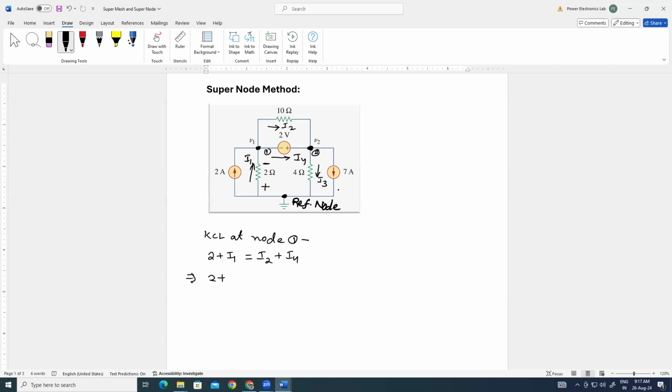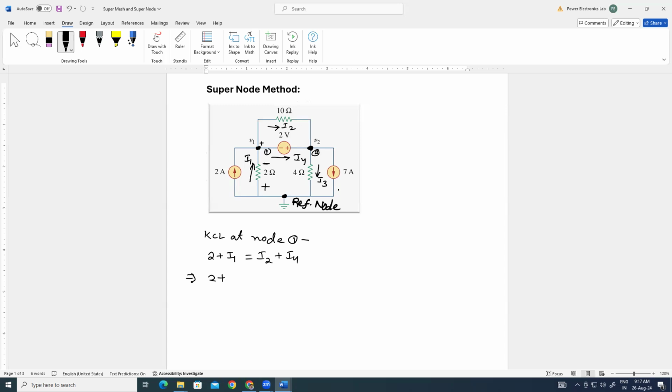If you have assumed the node voltage V1 at node 1, by default we have assumed this is plus, and the other terminal is connected to the ground. So what will be the value of I1? The voltage polarity is plus here, minus here.